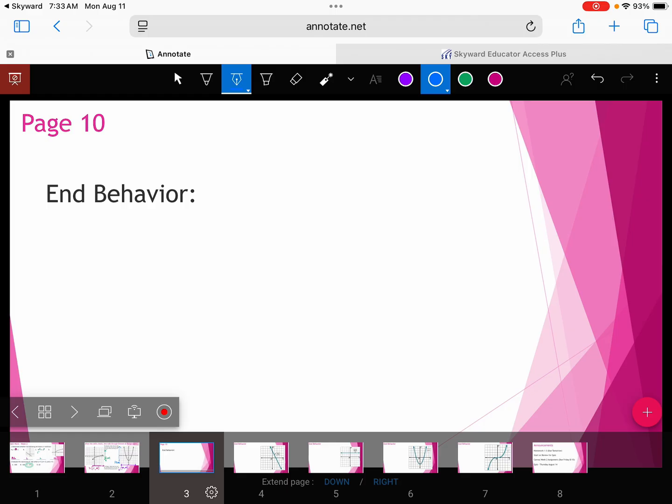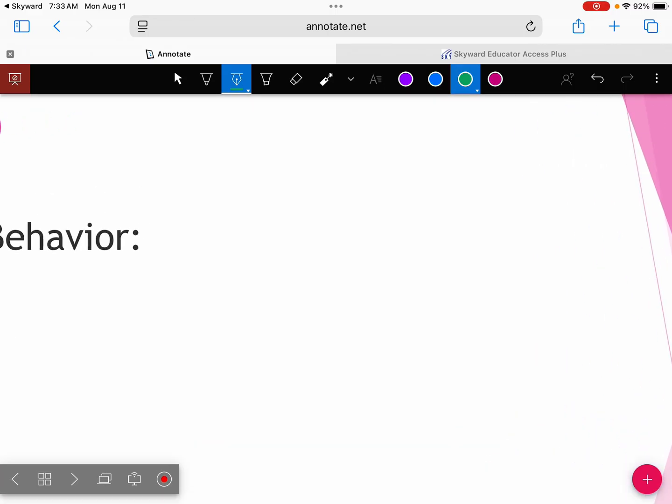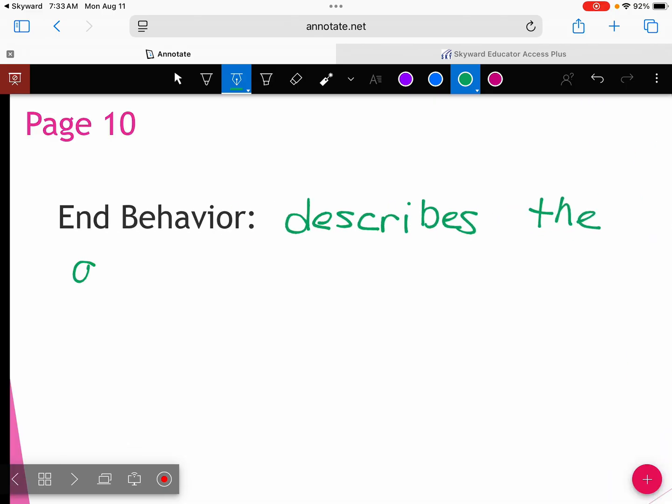Domain and range talk about how far left, how far right, how far up, how far down. End behavior specifically is talking about the arrows. Which way do the arrows point? So our end behavior describes the arrows on the graph.